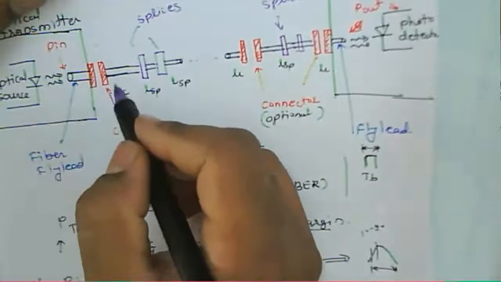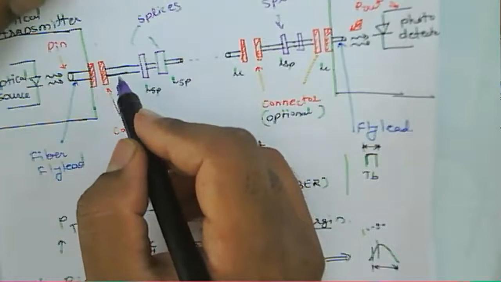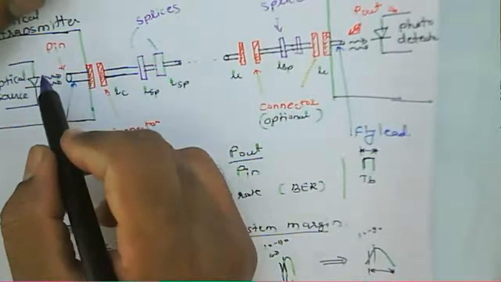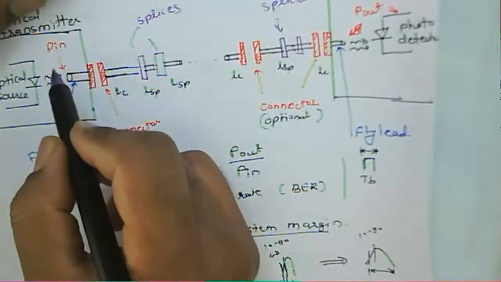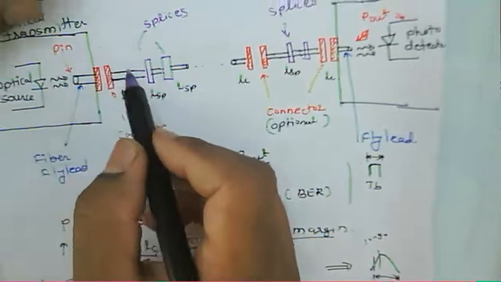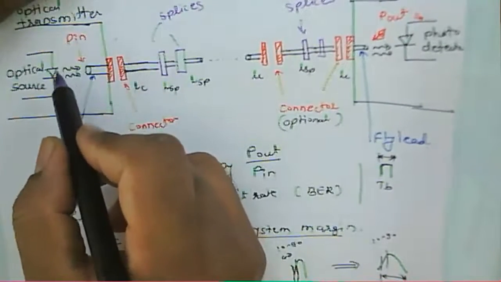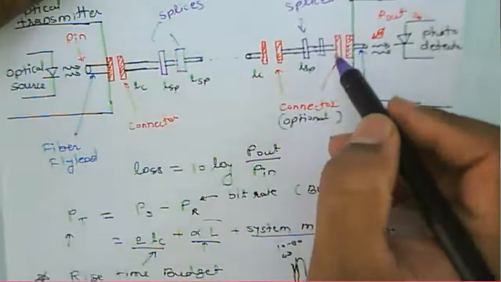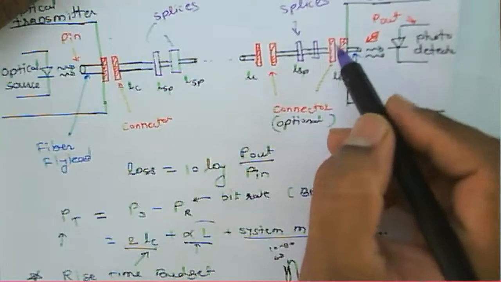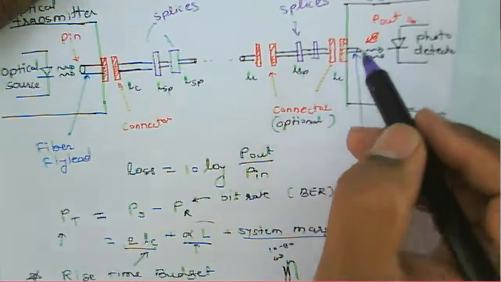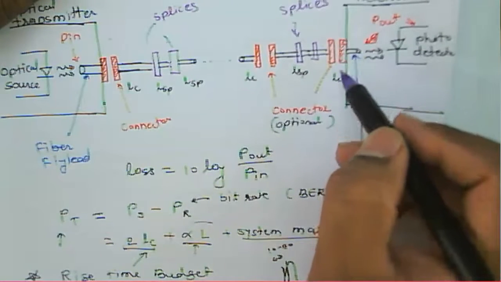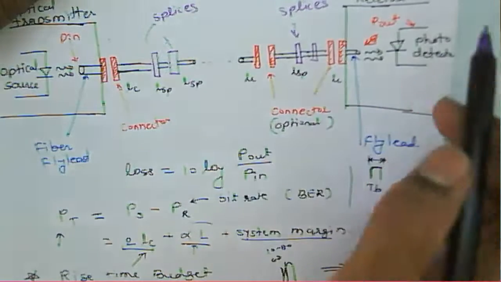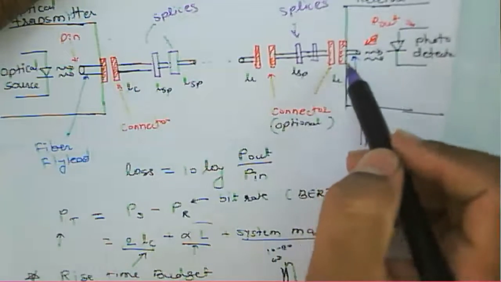Similarly at the receiver side, we are receiving the signal. From the light source side, a driving circuit will be responsible for the transmitter rise time. But at the receiver side, the receiver rise time depends upon the photodetector response for the given light.